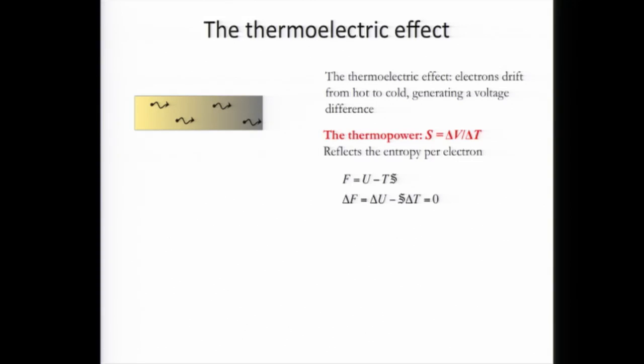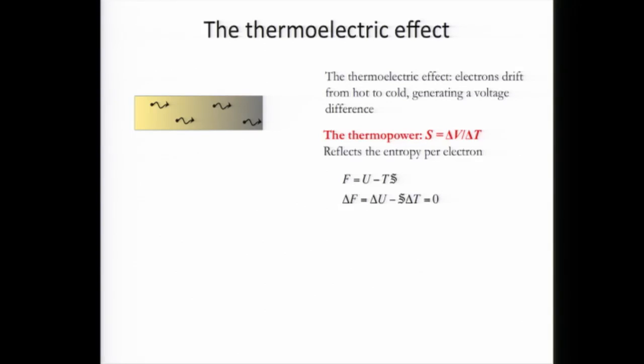Okay, anyway. But the point is that when you heat up one side of a material, electrons migrate from the hot side to the cold side, and in their equilibrium configuration, what they're really trying to do is equalize the free energy per electron. They're trying to equalize what we call the electrochemical potential, which is something like the free energy per carrier. And we know that free energy looks like internal energy minus T times entropy.